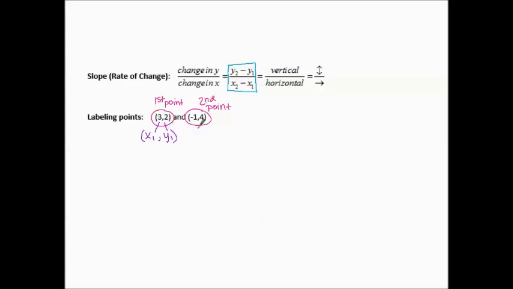Over here I have my x2, it's the second x, this one's the first one, my 3, my negative 1 is the second one, comma, y2. So both of them are x, y, but this is my first one, and this is my second one. And notice that corresponds with my equation. We'll come back to the equation when we meet in class, but just so you see how we want to label these points, that's what we want to do.